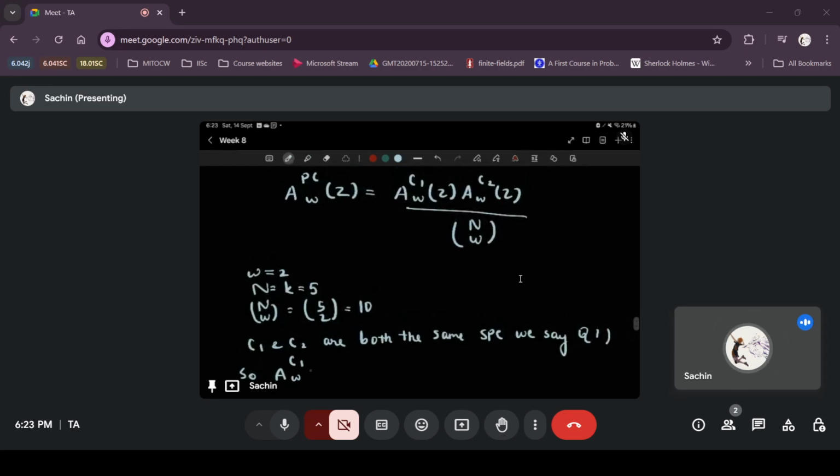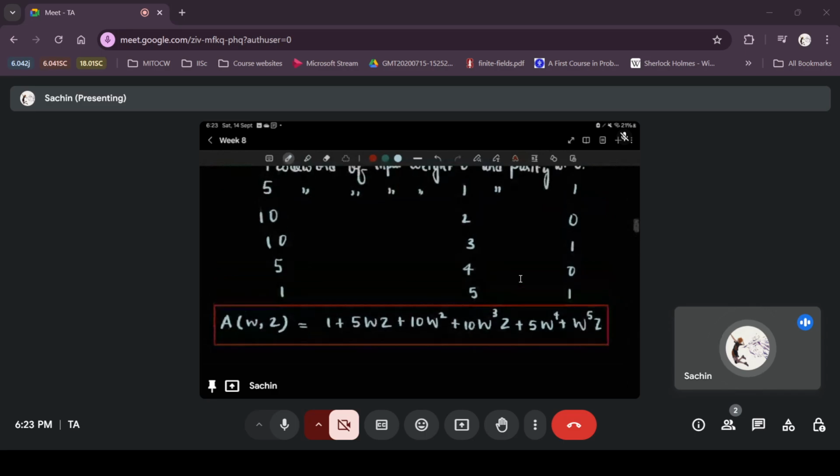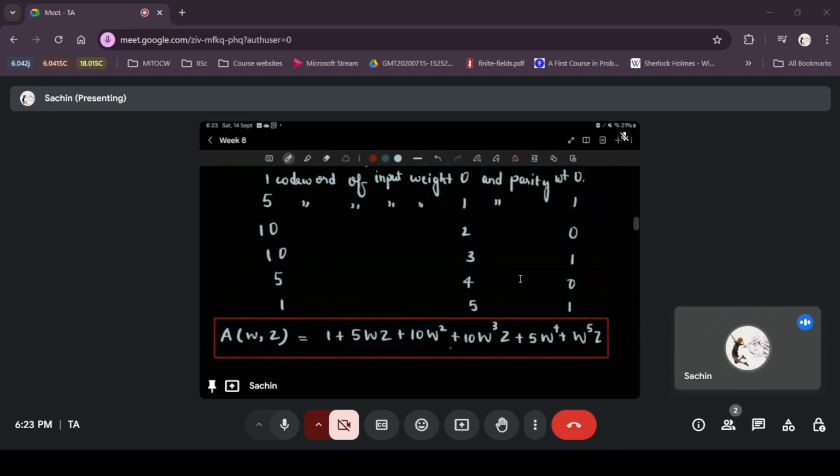AW C1 of Z, here, of course, W is 2 into A2 C2 of Z. The conditional weight enumerating function is nothing but the coefficient of the W term corresponding to the given weight.